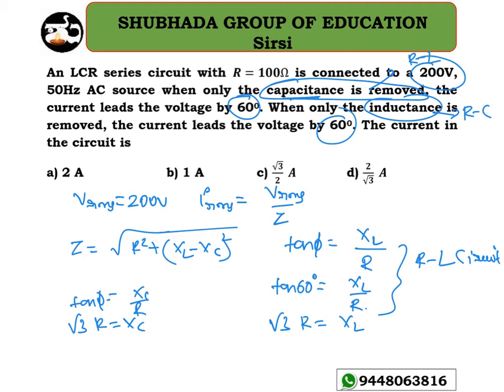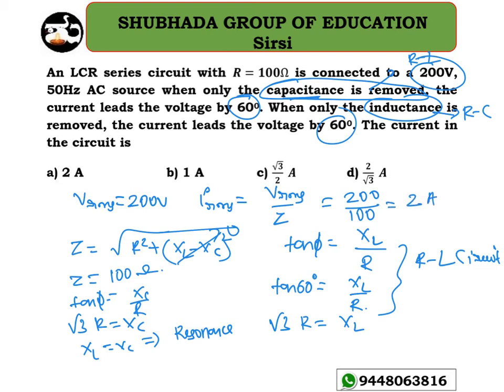In the sense, when X_L equal to X_C, it implies the circuit is in resonance condition, correct? So this will become 0 here. So Z equal to the square root of R square, that is 100 ohm. Now I_RMS must be equal to V_RMS, 200 volt, divided by Z, 100 ohm, that is 2 ampere. 2 ampere is the current flowing through the entire circuit.